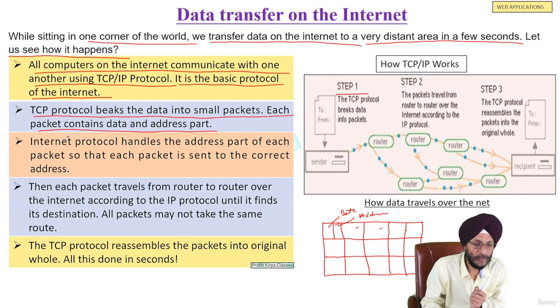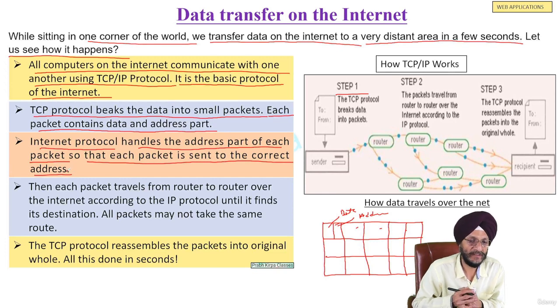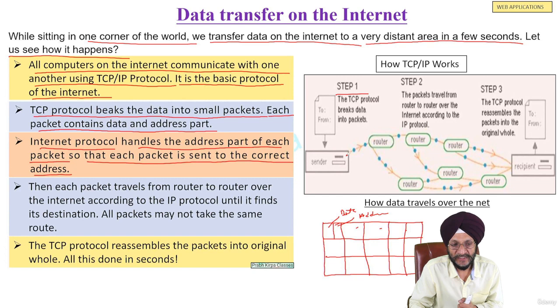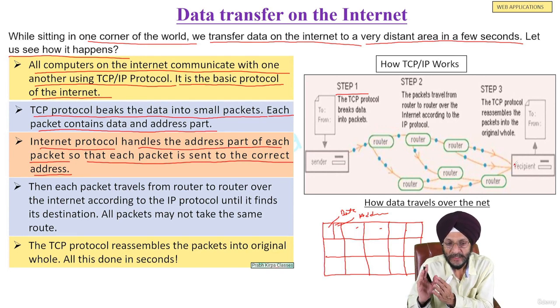Now the other protocol, which is the internet protocol, handles the address part of each of the packet so that each packet is sent to the correct address. Now these are the small packets which travel from router to router until they reach the correct destination, that is the recipient.